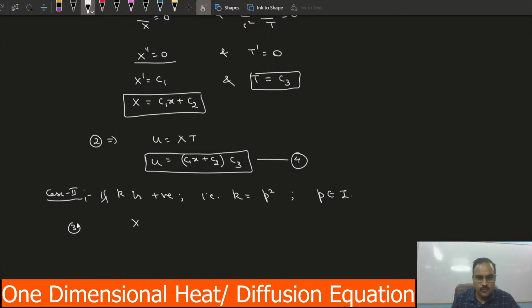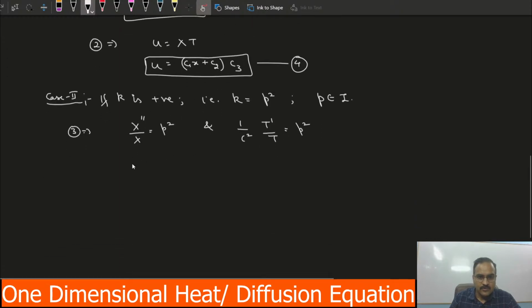Now I substitute in equation number 3: X''/X = p² and (1/c²) T'/T = p². So X'' = p²X and T'/T = c²p².